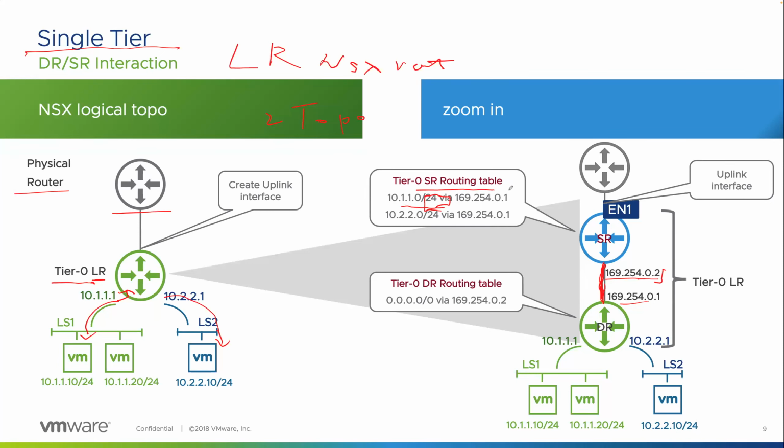SR has its routing table, and DR also has its routing table. So when you analyze the whole traffic routing, just follow your previous experience with routing tables, MAC tables, forwarding tables and so on. You can even show the routing table on the edge node.